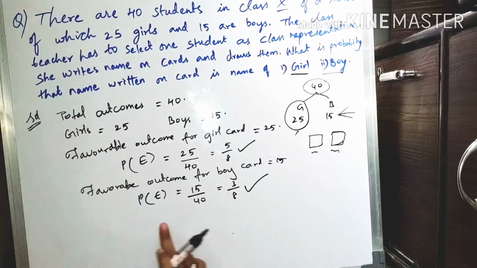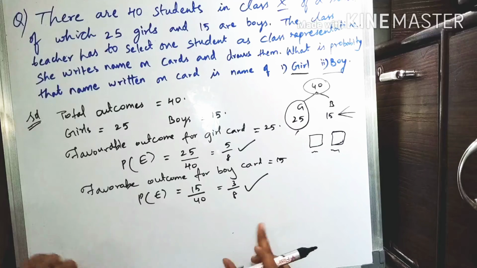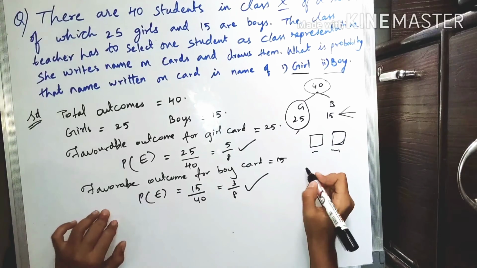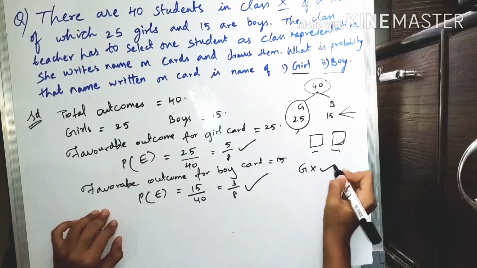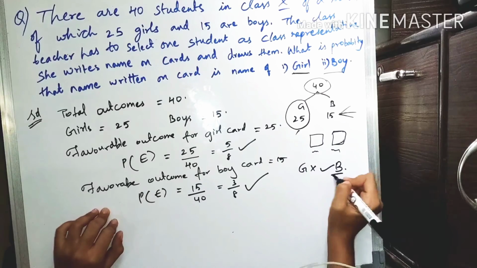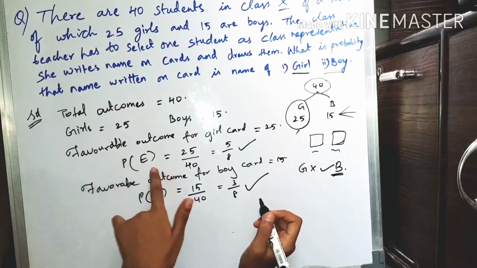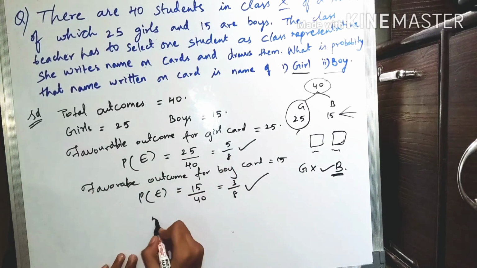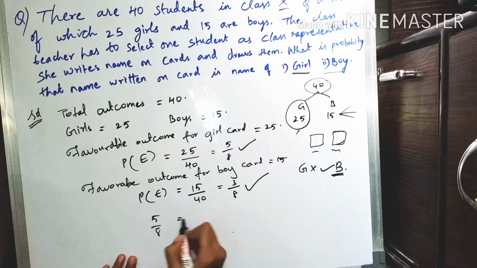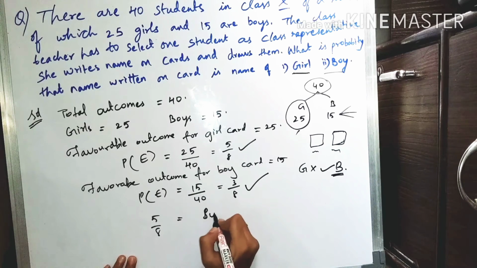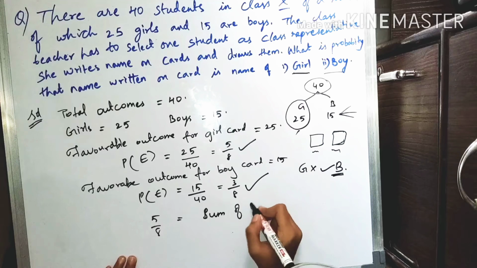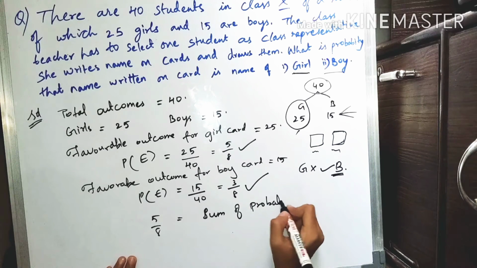We can also solve the probability of finding the boy's card this way. If the card is not a girl's card, then surely it would be a boy's card. So we already know that the probability of getting a girl card is 5 by 8. I already explained to you that the sum of probabilities is 1.